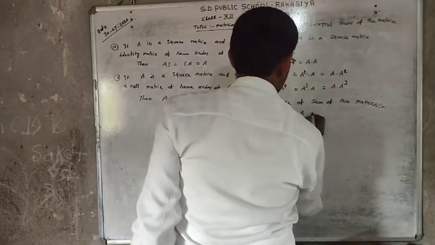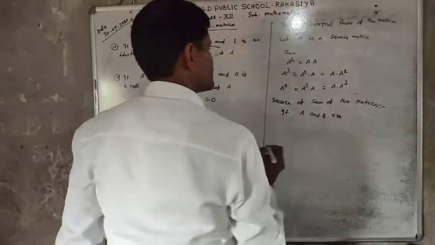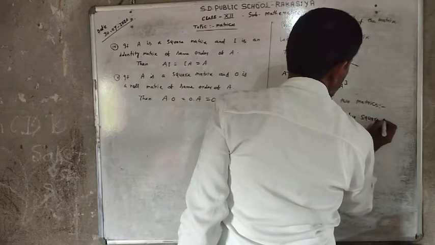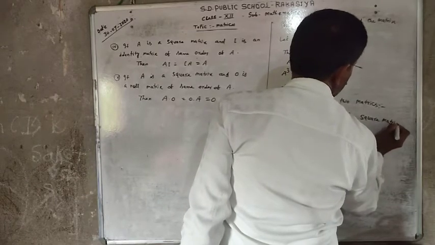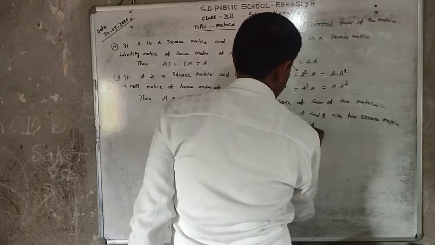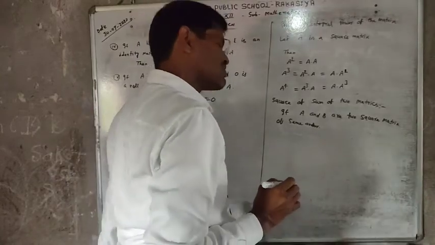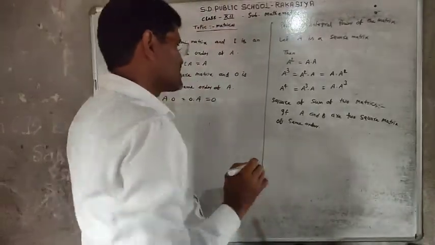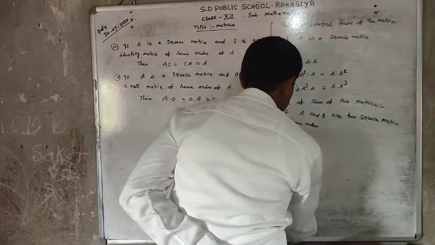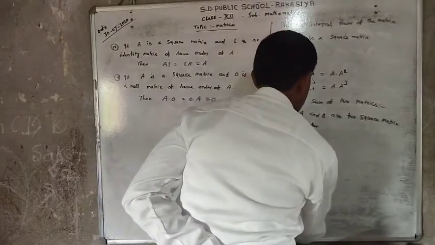If A and B are square matrices of the same order, then we can find A plus B and hence A plus B whole square.